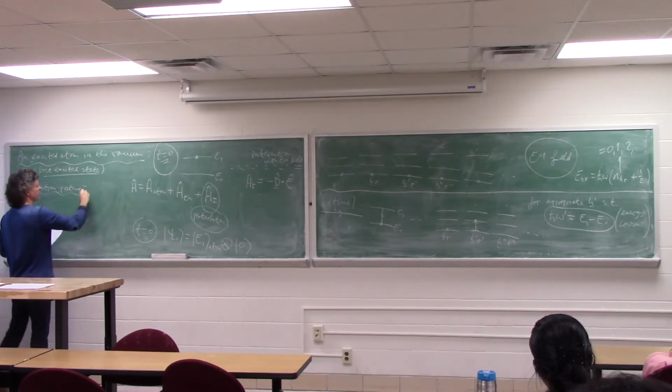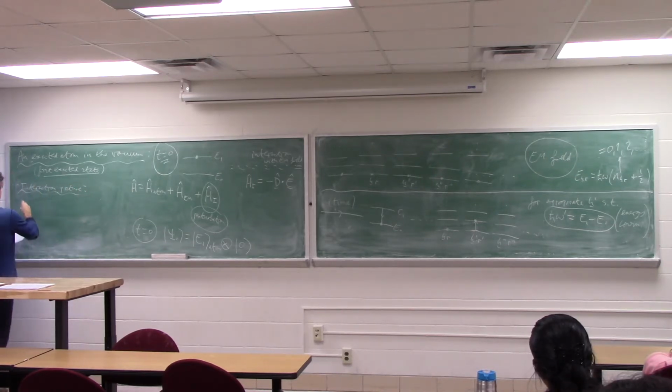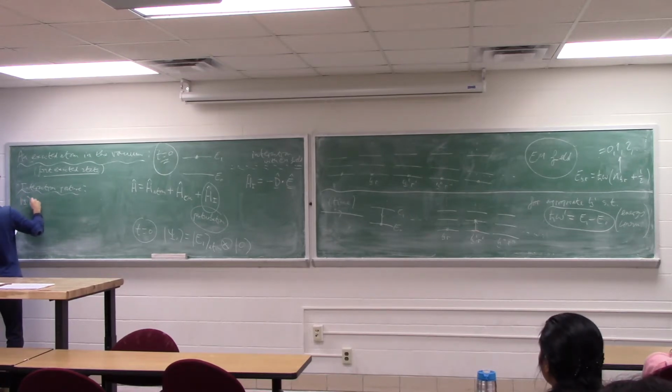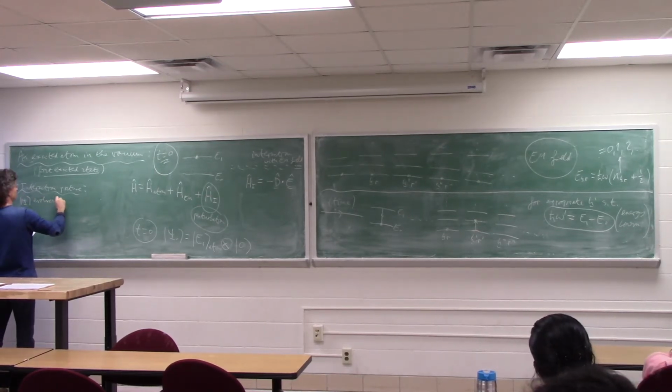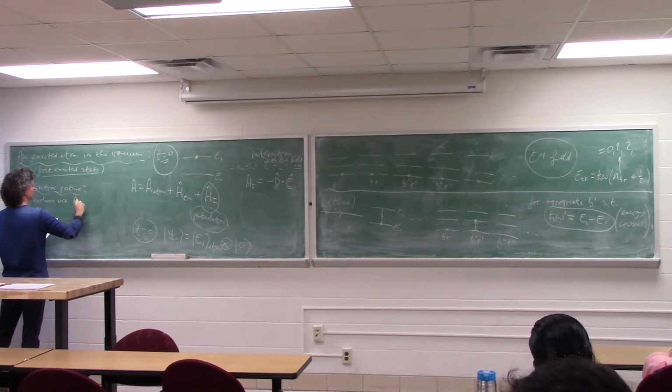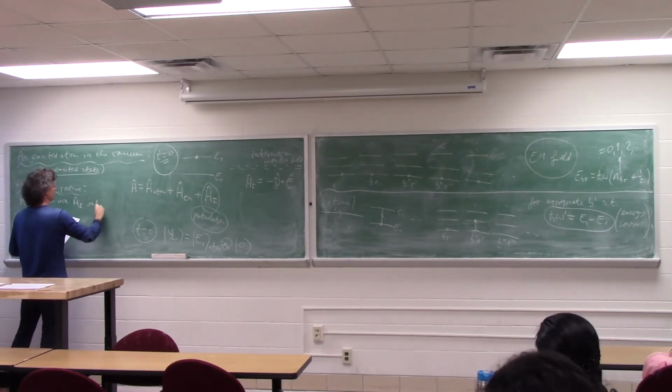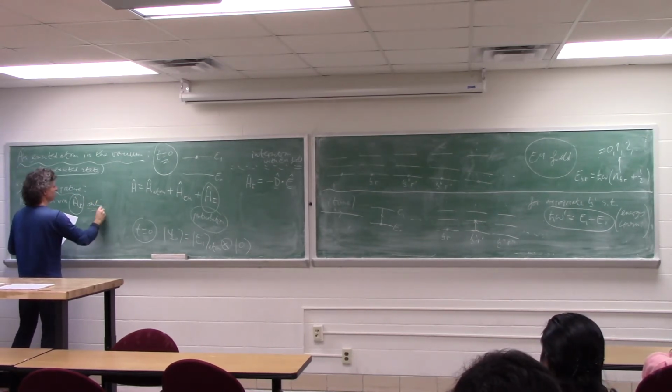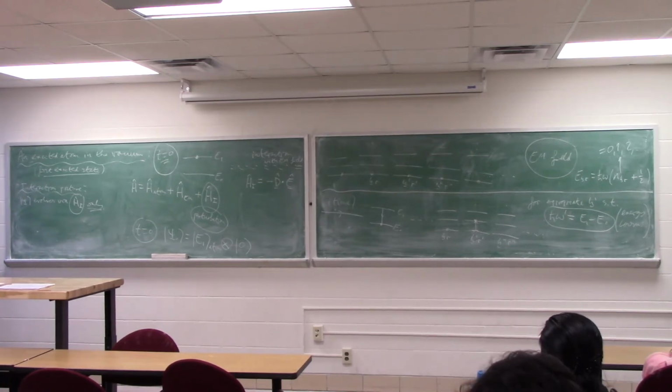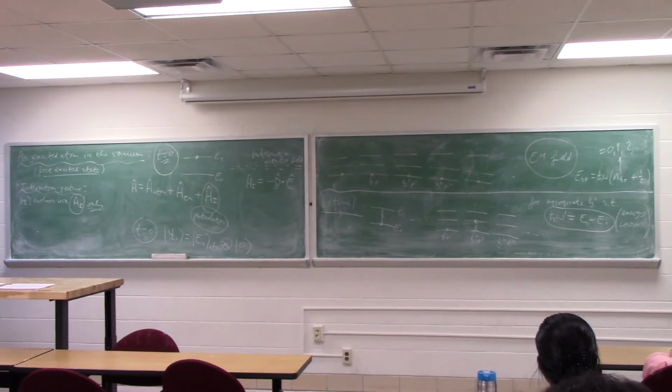We're going to calculate this in the interaction picture, where the state evolves via the interaction part of the Hamiltonian only. Now, you probably already met the interaction picture, but in any case, we'll be using it later.